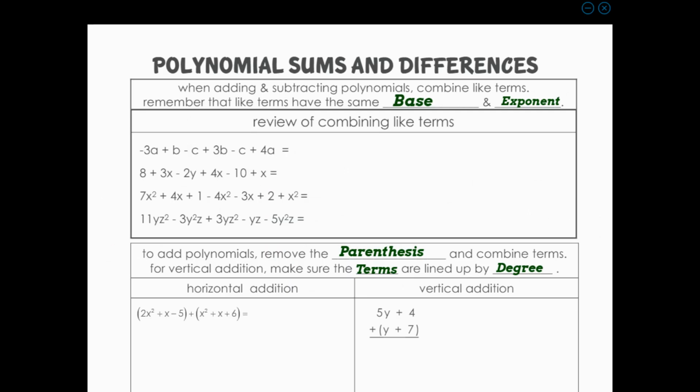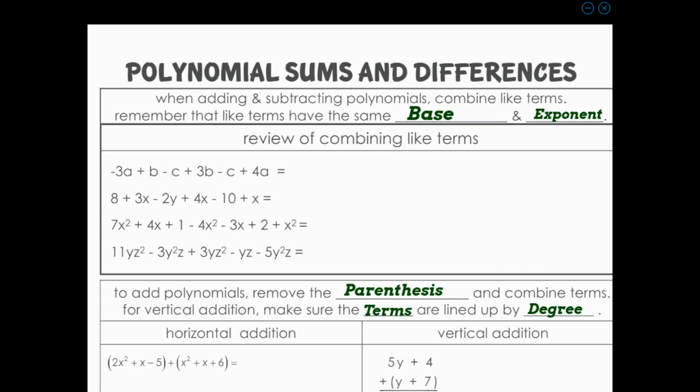So on the top of your notes, when adding and subtracting polynomials, combine like terms.